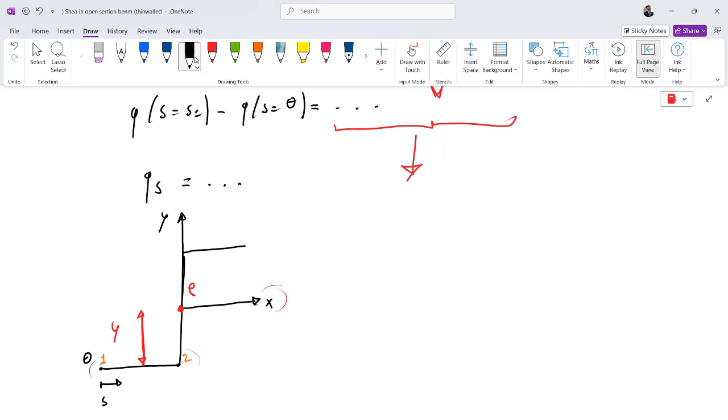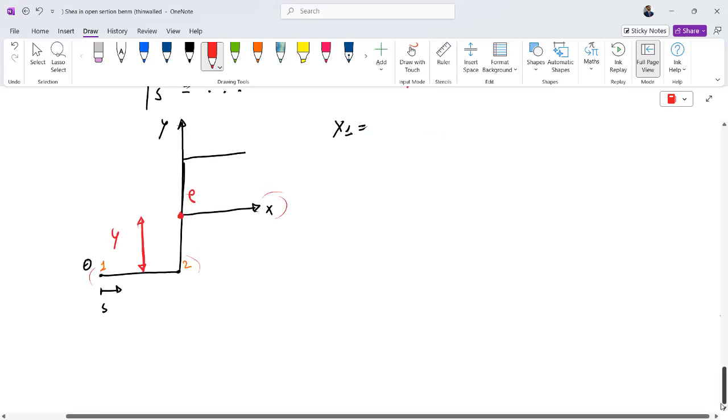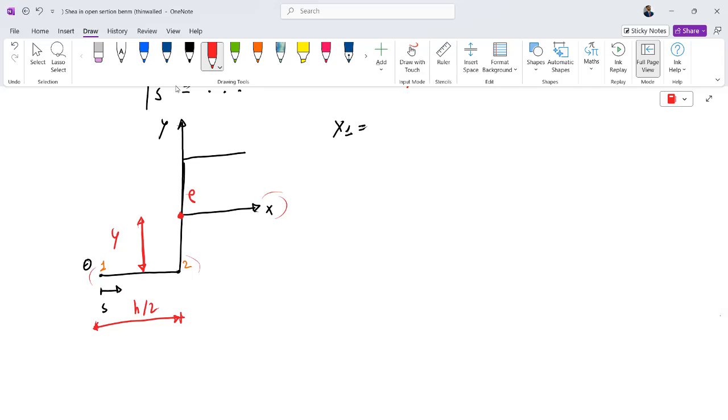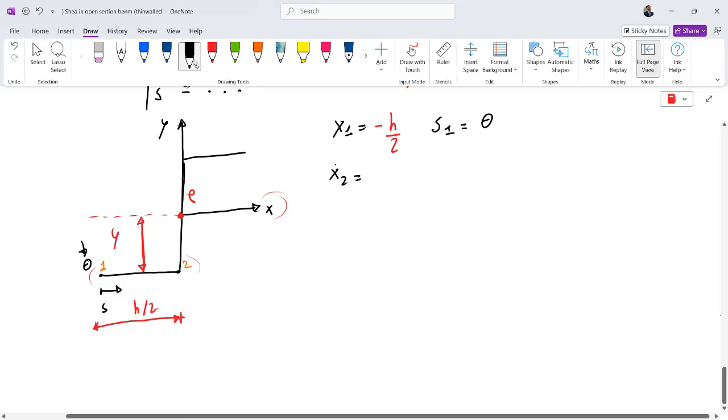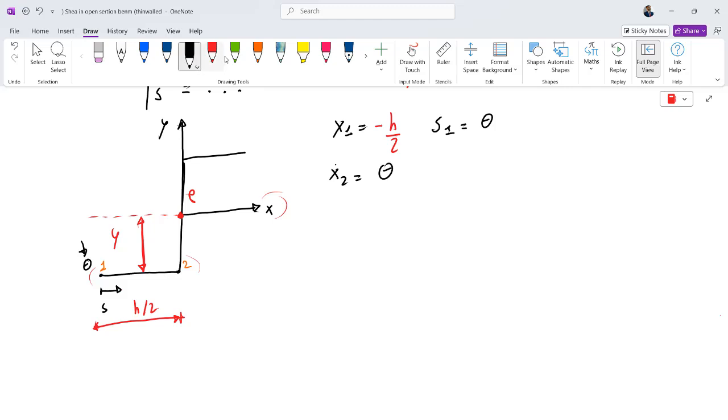So I can write that when x1 is equal to minus h divided by 2, because it's on the left side of x, then s1 is equal to 0. When x2 is equal to 0, this is the origin of the x-axis, then s2 is equal to h divided by 2, all this length.